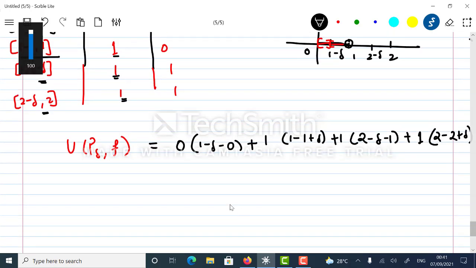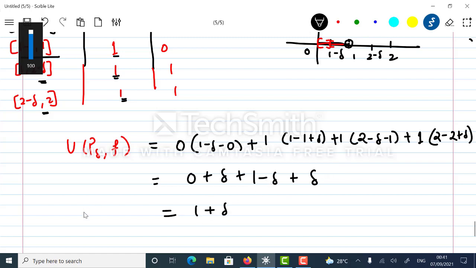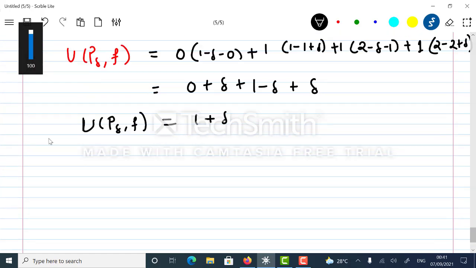Okay, so it is 0 plus delta plus 1 minus delta plus delta. So what I'll get is as follows, minus delta, so 1 plus delta. So U P delta F is 1 plus delta.